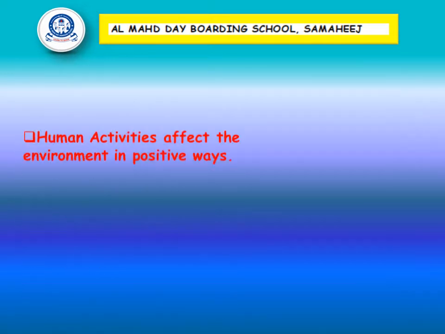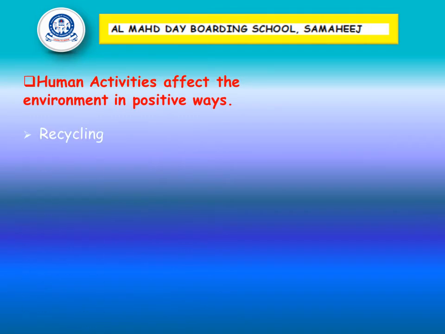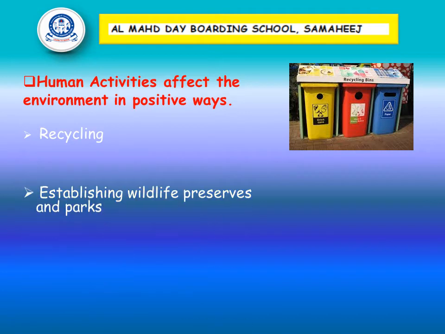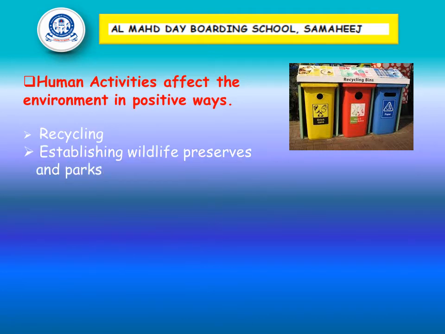Human activities can affect the environment in positive ways also. First, recycling. Recycling is a process of recovering waste or scraps and reprocessing the materials into useful products. Second, establishing wildlife reserves and parks. Wildlife preserves are areas of land that are being protected and managed in order to preserve a particular type of habitat.